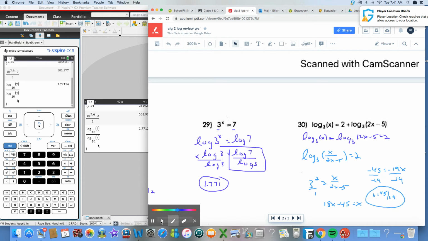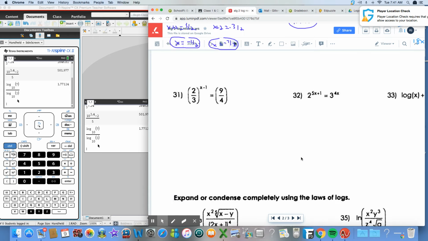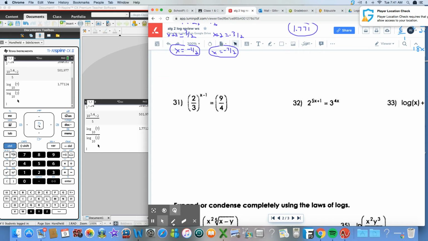All right. What do we got next? Okay, 31. All right, these are different. The exponential bases are 2/3 and 9/4, but they're almost the same, right? Isn't 9 3 squared and 4 2 squared? So can I rewrite it as 2/3?